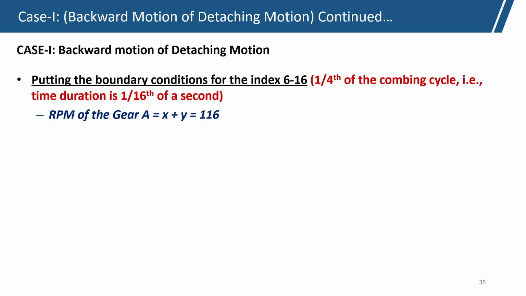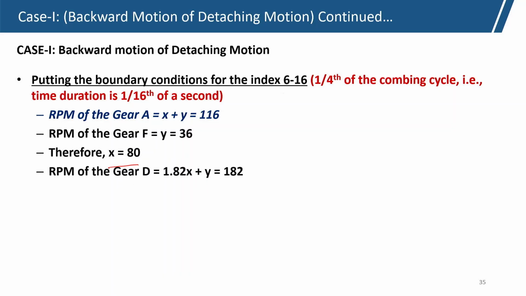As we have discussed from the ratio, at 240 nips per minute, gear A will rotate at 116 RPM in positive direction. So, x plus y is the sun gear A, x plus y is 116, y is 36 from the table we have got. So, x is 80.